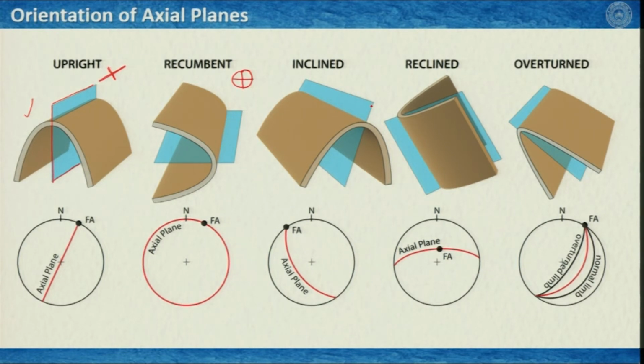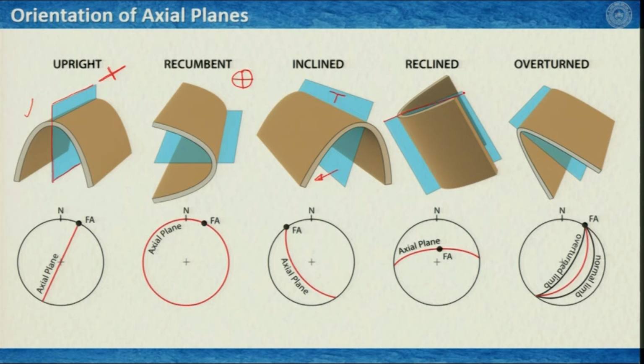Now, inclined fold, we clearly see that this axial plane, this blue plane, is inclined, it is dipping towards this side. So, the axial plane is neither vertical nor horizontal, it is inclined. Reclined fold, as I said, is a very interesting fold where the pitch of the fold axis is almost 90 degrees, or it ranges from 80 to 100 degrees with the strike of the axial plane.